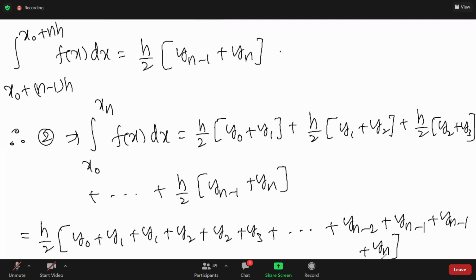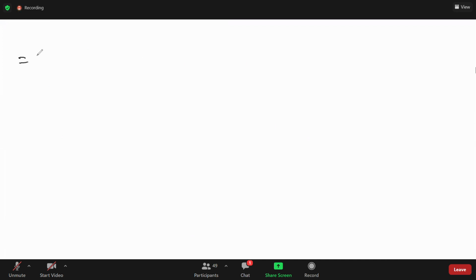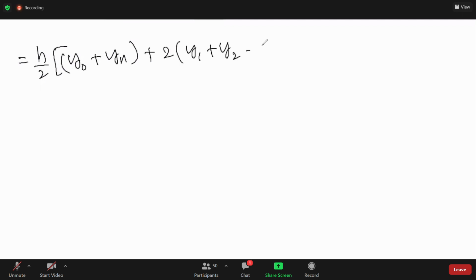So this can be written as h by 2 into y0 plus yn, the first ordinate and last ordinate, and the remaining are 2 times y1 plus y2 plus y3 and so on plus yn minus 1.